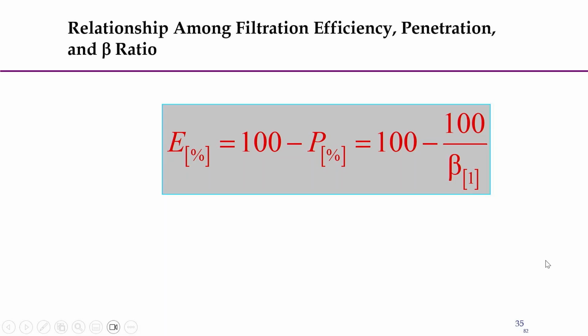And we can get this relationship: efficiency equals 100 minus penetration, which is just the reverse.